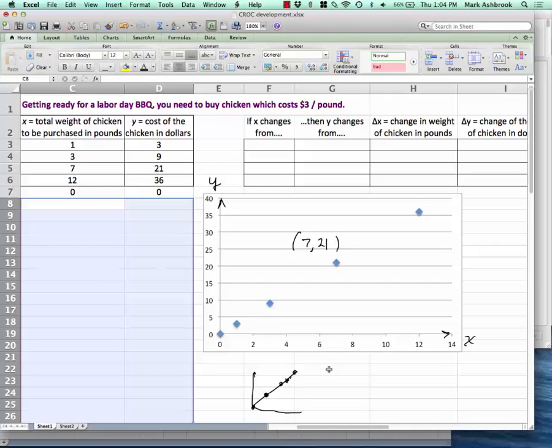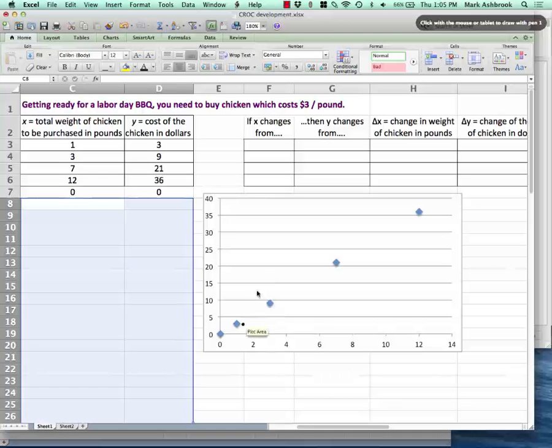Okay, I'm going to focus back on those initial 5 points. Okay, so 1 pound, 3 pounds, 7 pounds, 12 pounds, and 0 pounds. These are the points for those. But we know there's many more in there. And let's just go ahead and draw the graph. See if I can do it well.